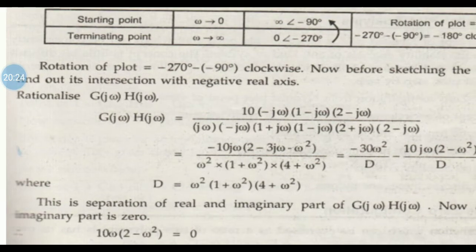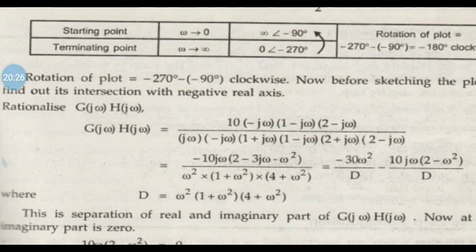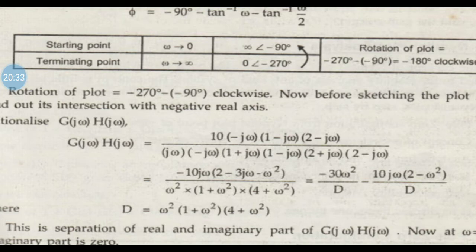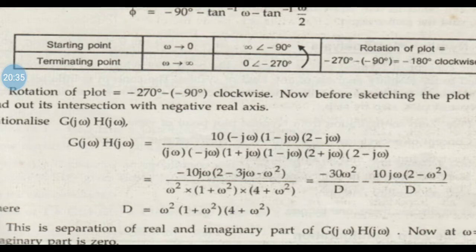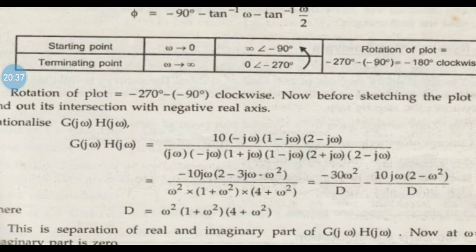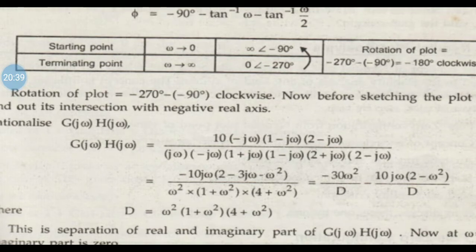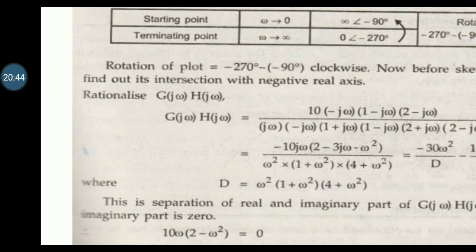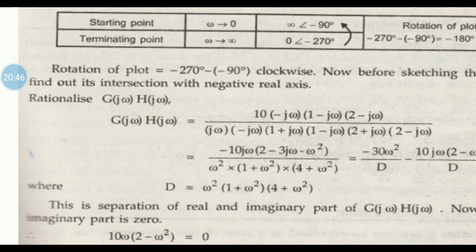When we rationalize, you know how to do it already, we get 10 into minus j omega into 1 minus j omega into 2 minus j omega by j omega into minus j omega into 1 plus j omega into 1 minus j omega into 2 plus j omega into 2 minus j omega.